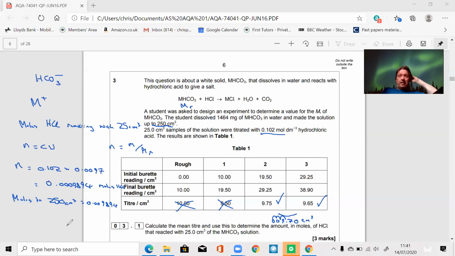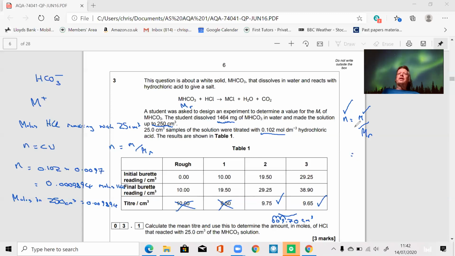Nearly there, nearly there. We need an equation that has MR in it. And the only one we know, just moved over to the right there, is m over MR. What do we know? We're trying to find the MR of this salt. Do we know the moles? Yes. Do we know the mass? Yes. It gave them to us there. That needs to go into grams.